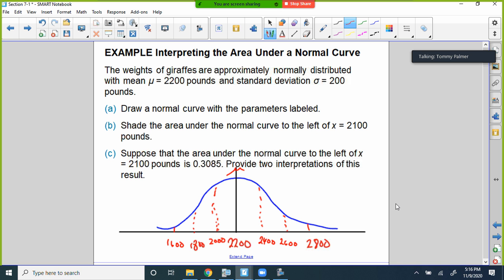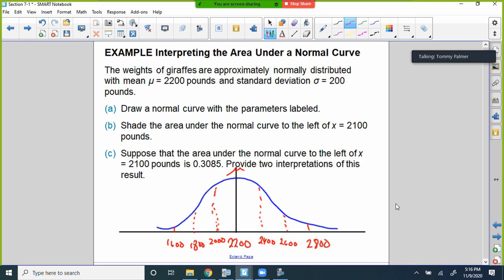Just dissecting this, you need to be able to, one, draw a normal bell curve, right? And be able to put in the mean and standard deviations. So 99.7% of all the giraffes weigh between 1,600 pounds and 2,800 pounds, right?